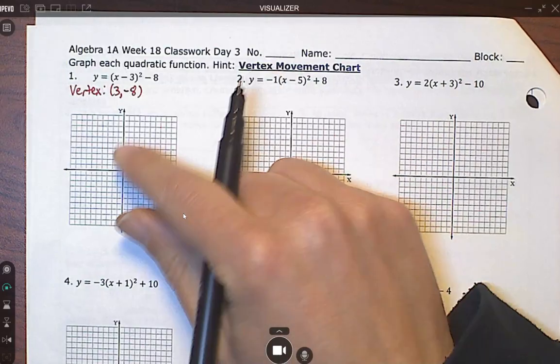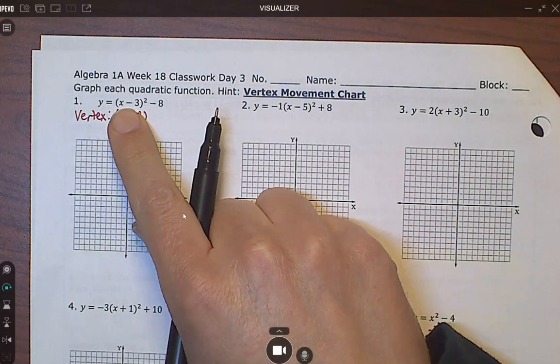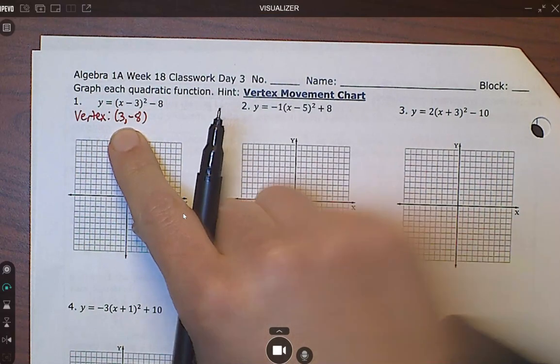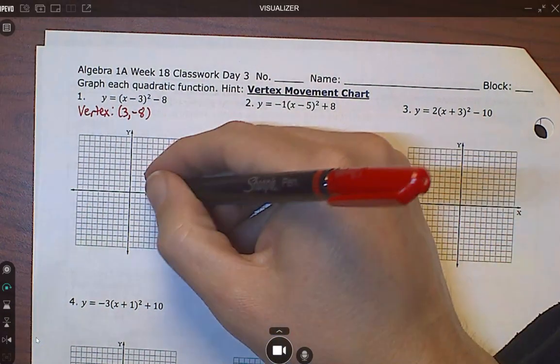Okay, step one: the vertex is always the opposite of whatever's with x, and then y is the same.